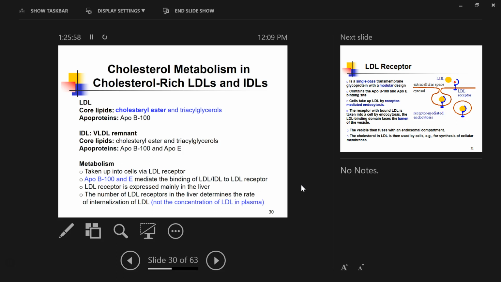So LDL binding requires ApoB100 and ApoE on the surface of LDL, right? We need normal function of ApoB100 and ApoE. And the LDL receptor is produced mainly in the liver. So the liver has high levels of LDL receptor.